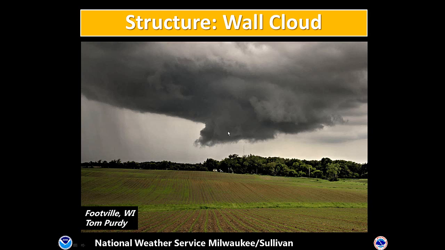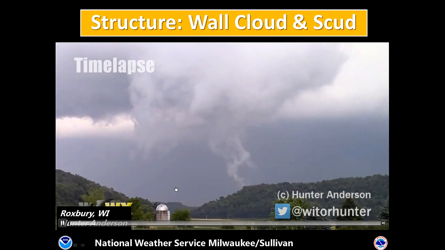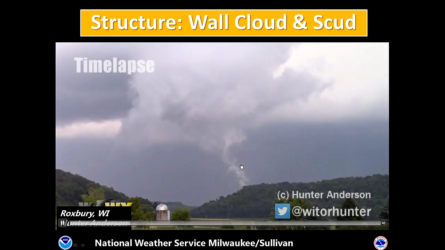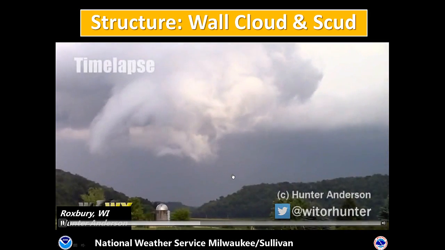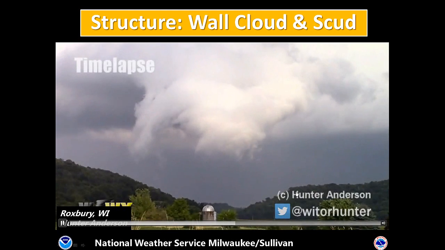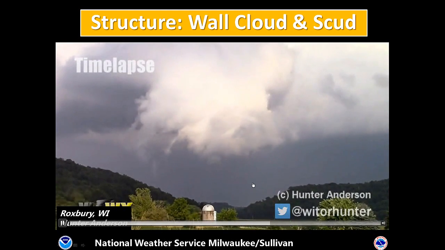So here's one from Tom from Footville, where you can see this little isolated lowering here, and if you were to see this in real time, there'd be motions from the left to the right in the front, and then right to the left in back. Another one from Hunter Anderson over by Roxbury. This is a time lapse, and initially we were wondering whether or not there was a tornado that occurred there, but that ended up being a scud cloud, and we'll talk a little bit more on that in different parts of the spotter training.